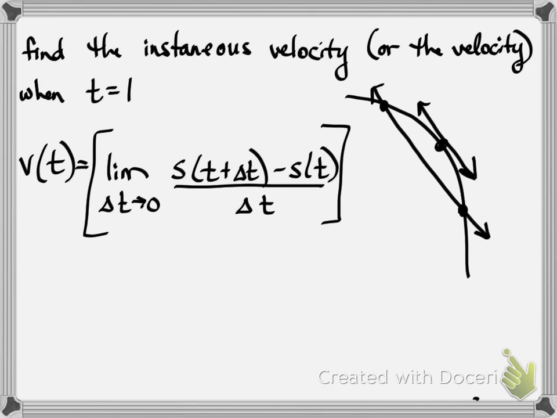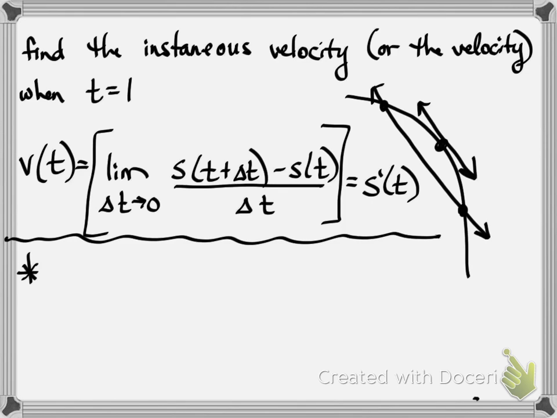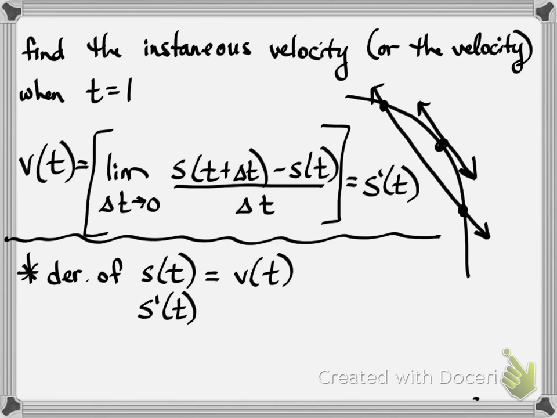And this is the derivative of this s function, so this is actually equal to the derivative of the position. Not hugely important that you would think to write this out, but the derivative of position is the velocity. So s prime of t, the derivative of position, is velocity. They're equal to each other. So in other words, the derivative of position is the velocity.